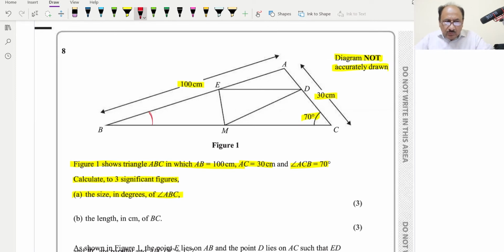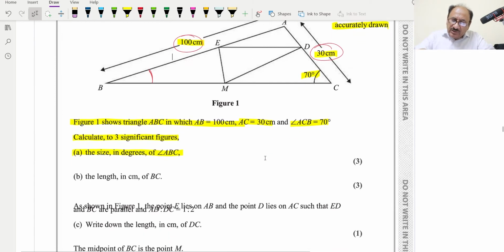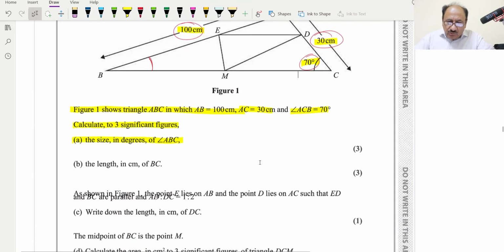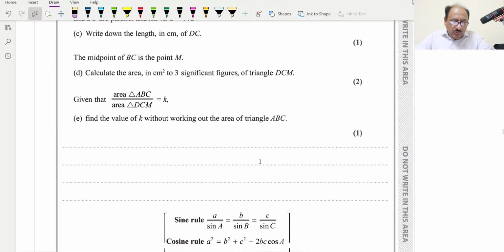To check this angle, we can apply the sine rule. We have this side 30 centimeters and we have this side, and we have the 70-degree angle as well, so we will be applying the sine rule.